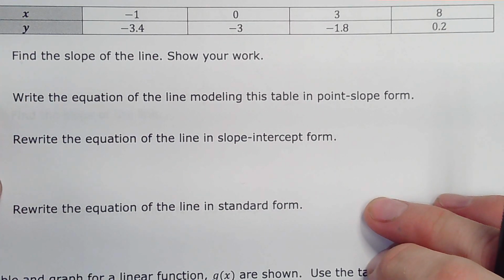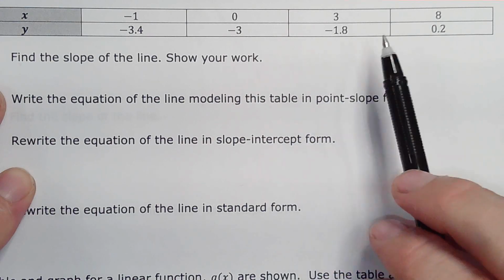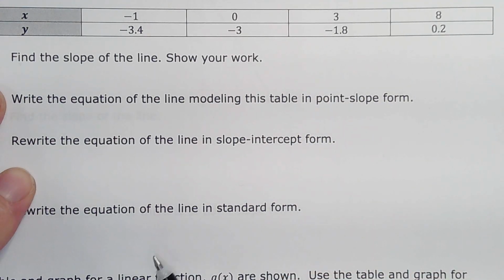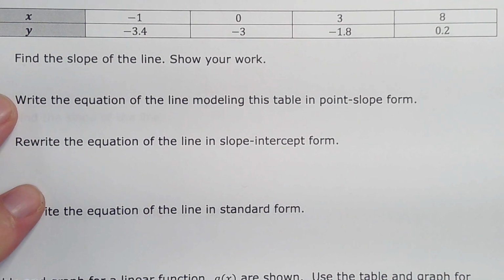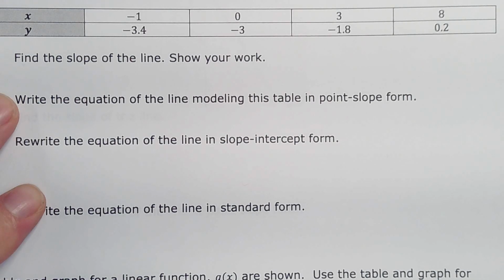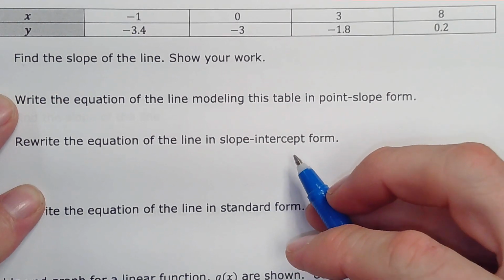Okay, so first off, we'll find the slope of this line here. We can just pick any one of these 2 points and identify them by a color code or whatever way you want to call them, like point initial, point final, or whatever you want to do.